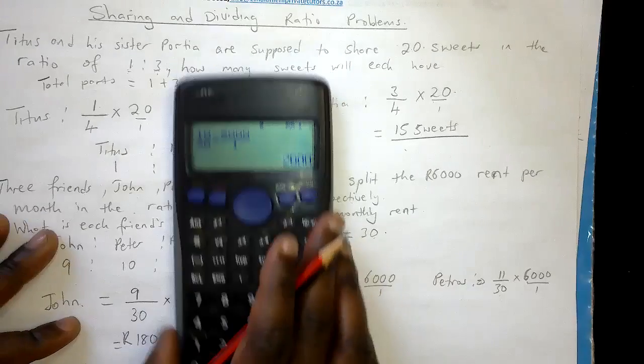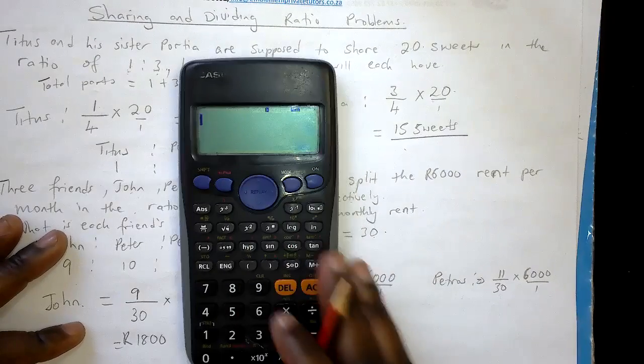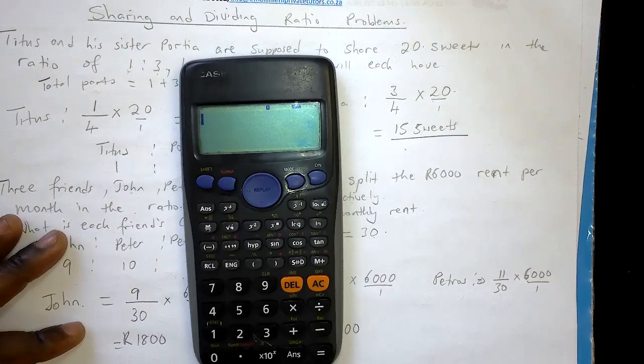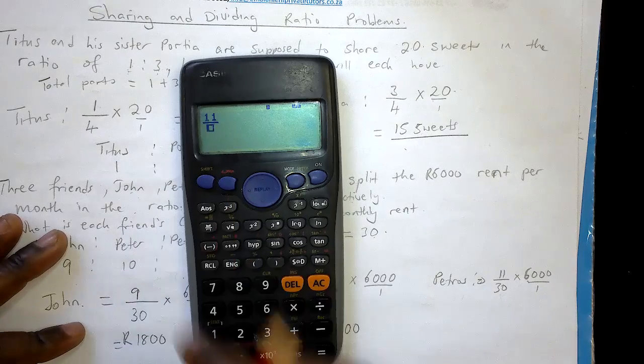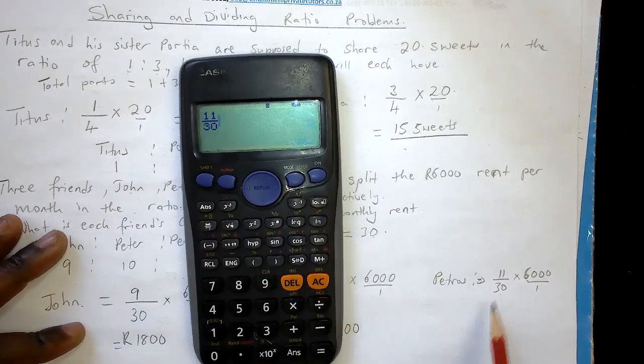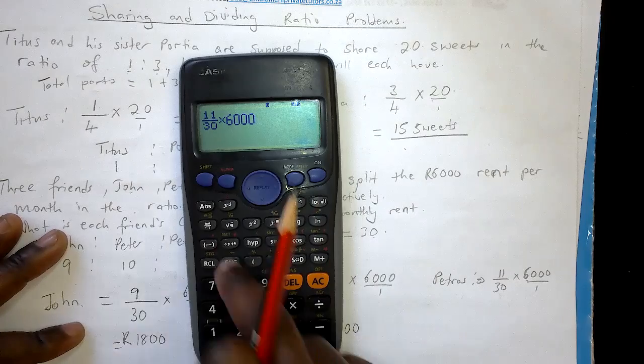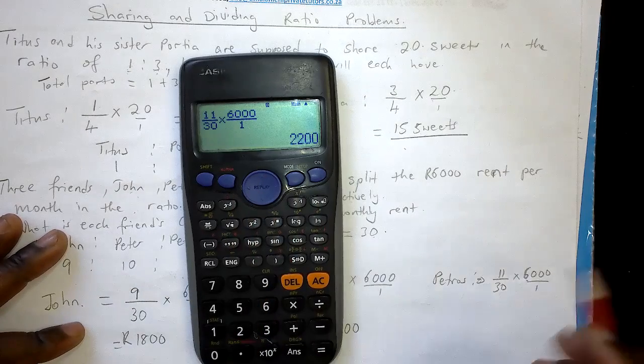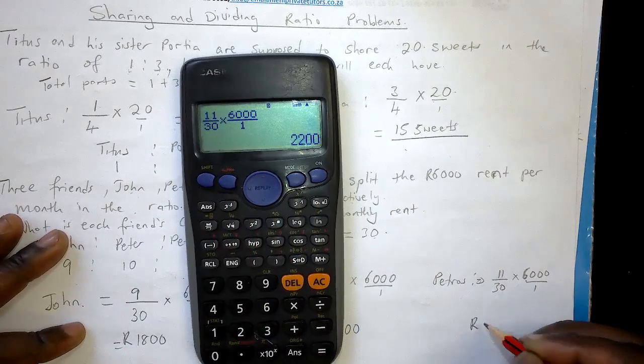They are of different size, so they have to split. They can't be paying an equal amount of money. Now, what do we have here? 11 over 30. Can you see we are using the same total here, same denominator, times 6,000 over 1. What do we get? 2,200.